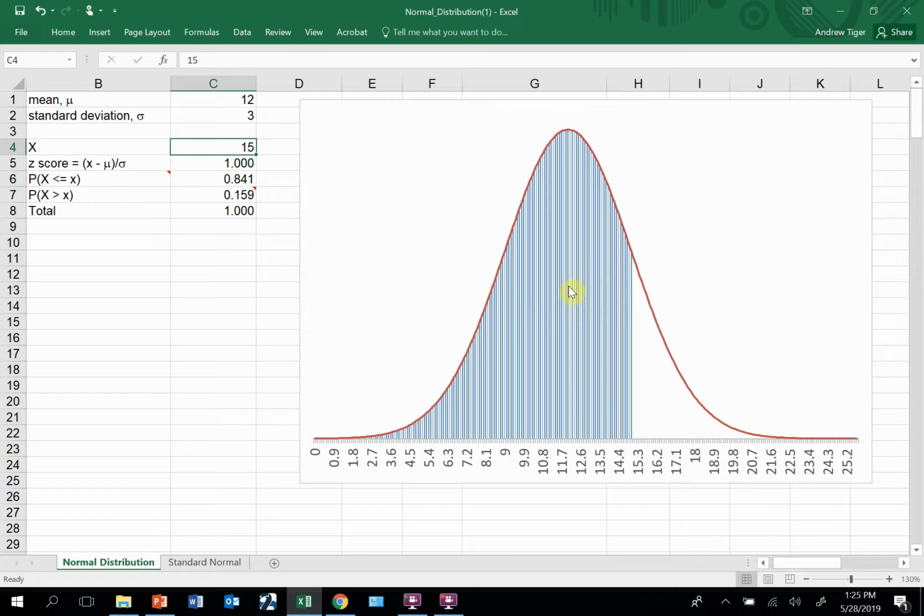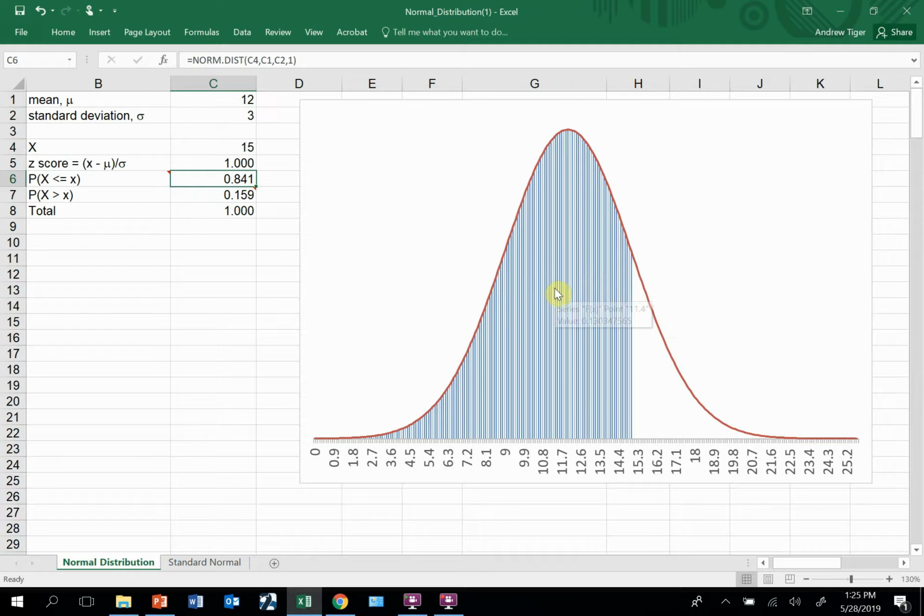The probability that I'll get a number of 15 or less is this blue value, which is 0.841. So 84% of the time, if I have a normal distribution centered at 12 with a standard deviation of 3, the probability that I will get 15 or less happens 84% of the time.